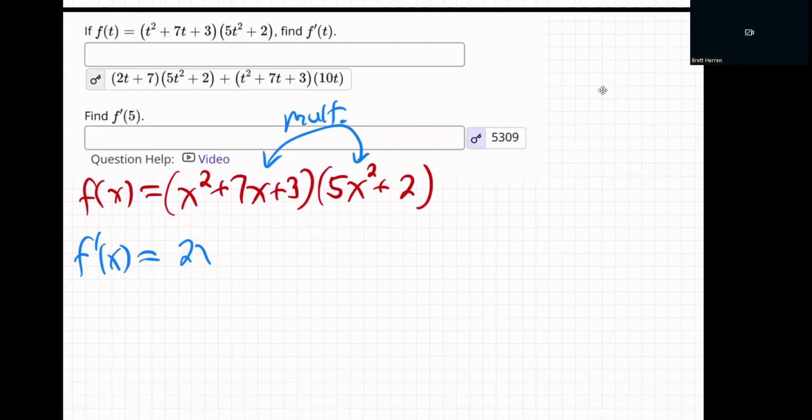Well, let me write the rules up here for you. If you have two x terms added or subtracted, then it's easy.